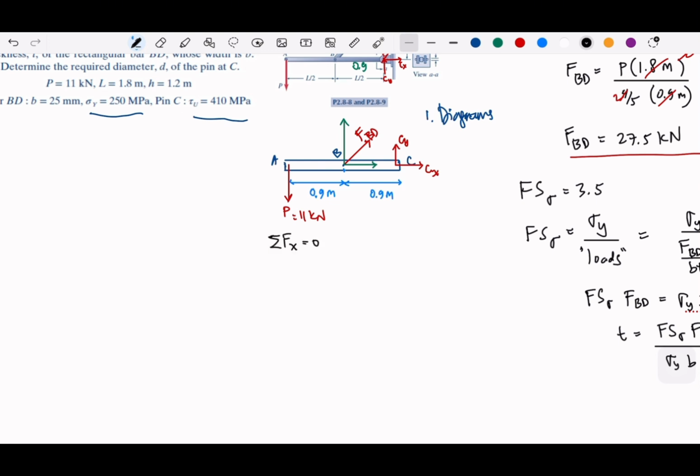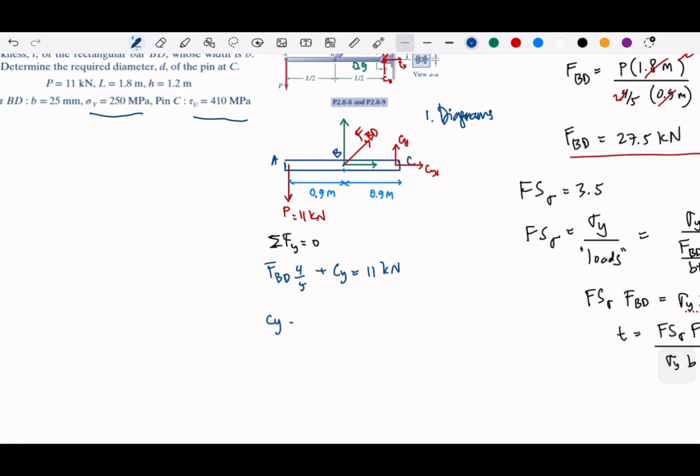And you get, for example, if we take the sigma of y equals 0, this will be FBD sine, or now is 4/5, plus Cy equals 11 kilonewton.